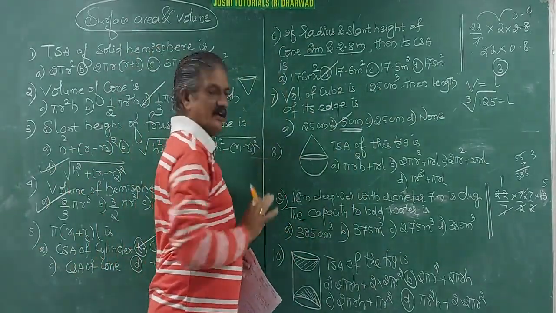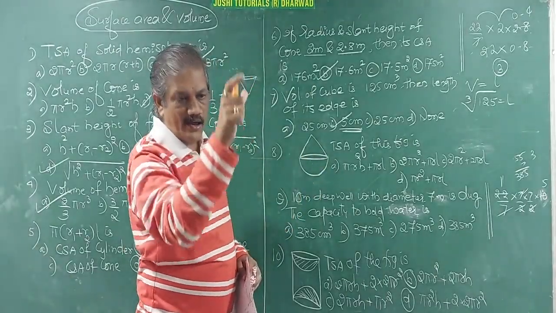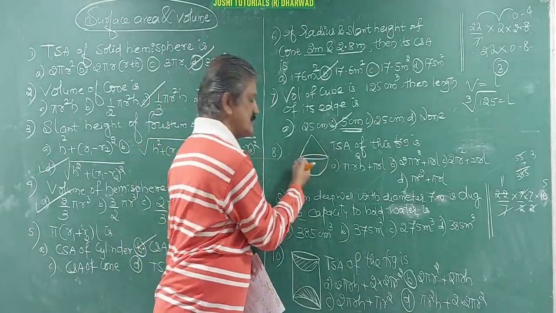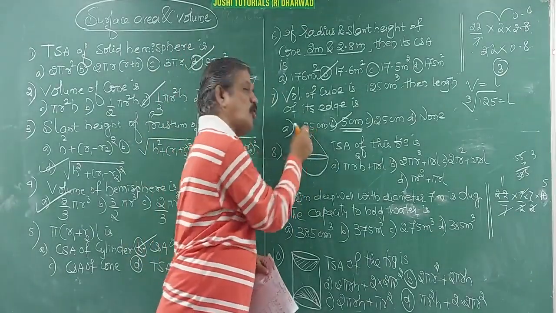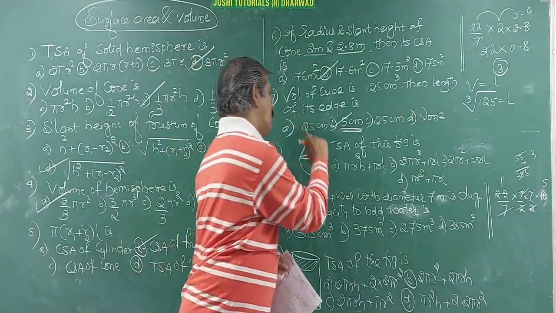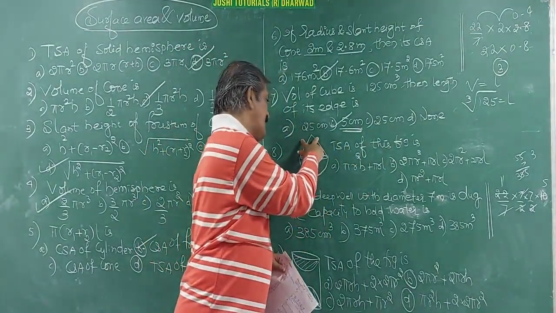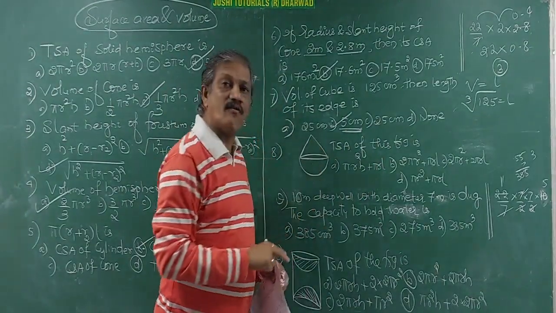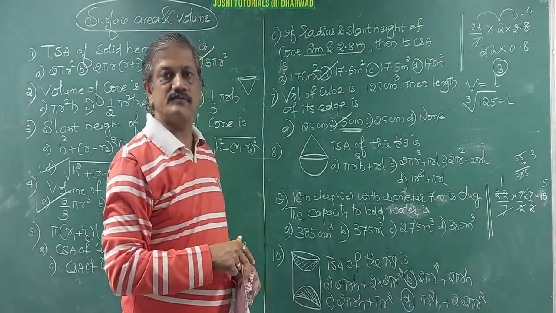You watch the figure. The cone is surmounted on a hemisphere like this. Means this area is open, and over that the cone is kept. Then what is its TSA? TSA means don't find TSA of cone and TSA of hemisphere, because both are hollow.